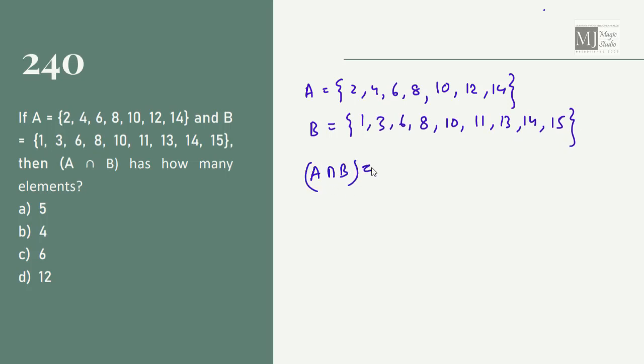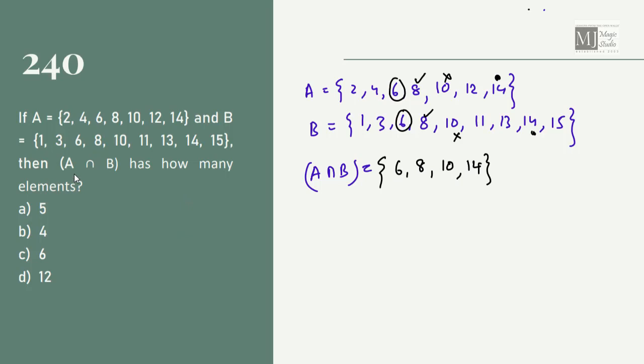A intersection B means elements which are common to both sets A and B. And the common elements are 6, 8, 10 and 14. So A intersection B is a set of 6, 8, 10 and 14.